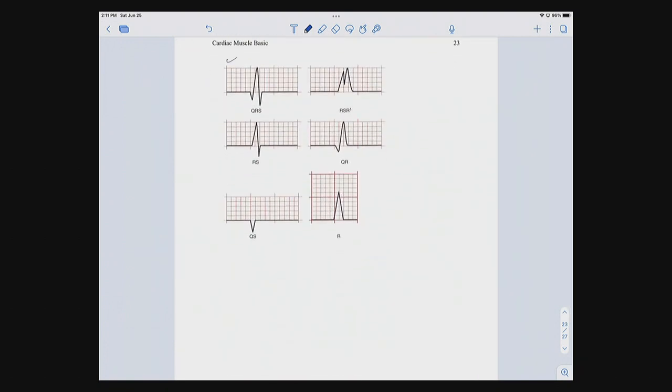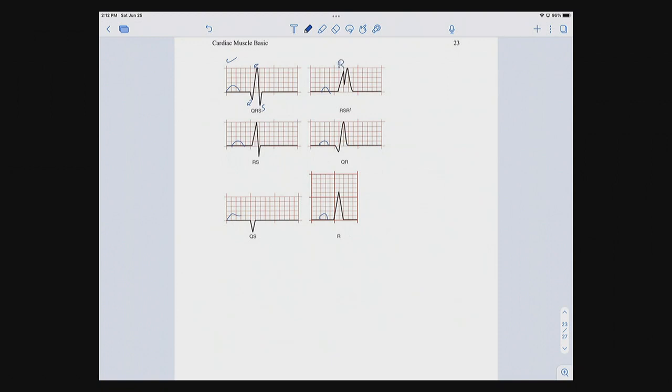This first one here is the one we just had. So you have your baseline, you have your Q, you have your R, and you have your S. Next one over, here we have no Q wave, so there's no Q here. We have our deflection, and we're just assuming there's a P wave over here. So the first deflection upward following the P wave is going to be the R wave.